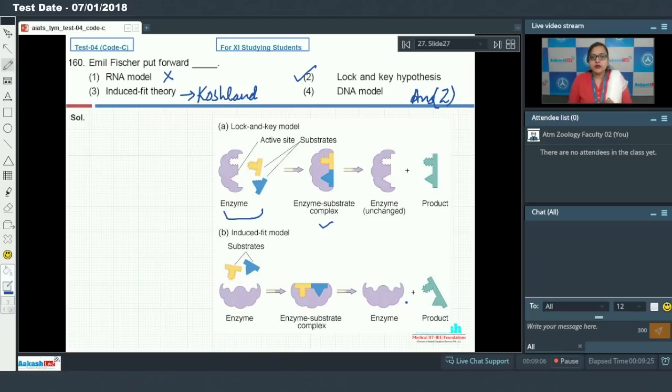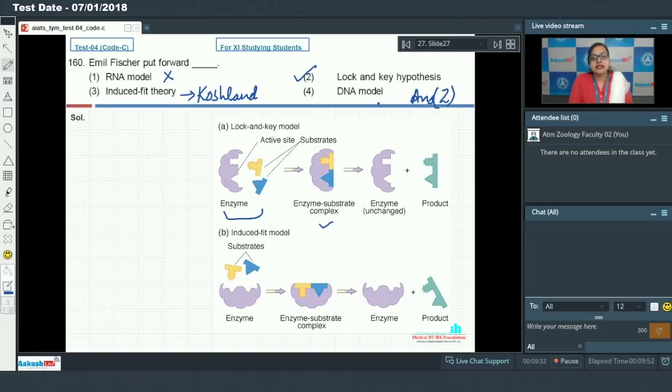But according to induced fit model, the active site of enzyme does not have a proper shape, but the active site is induced to assume a shape that is complementary to that of substrate. So induced fit model can explain all those enzymes which can bind with more than one substrate. That's why induced fit model is more accepted as compared to lock and key hypothesis.